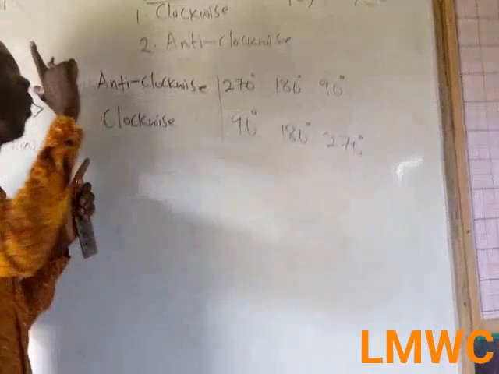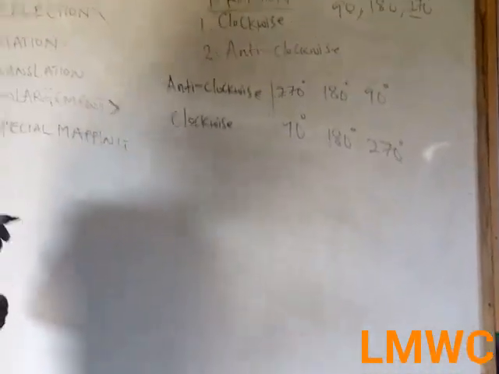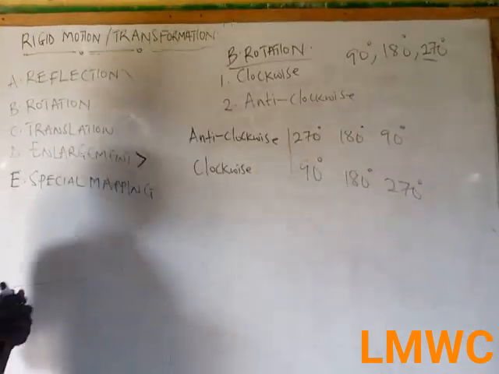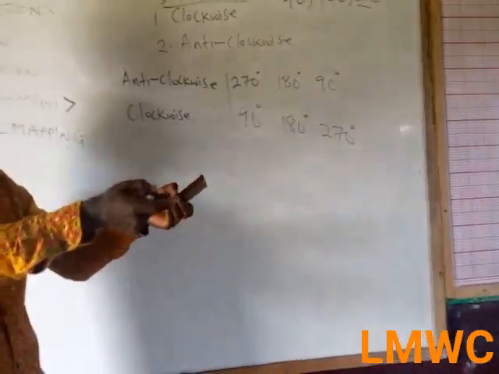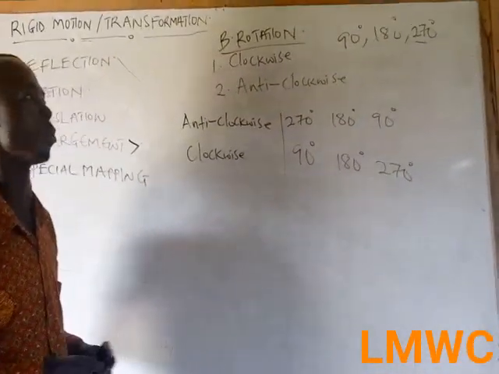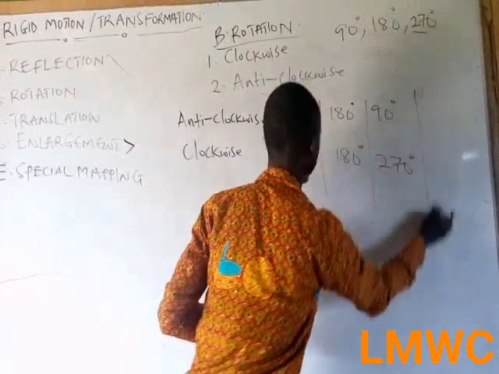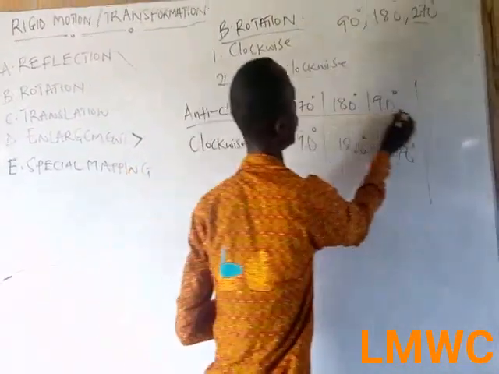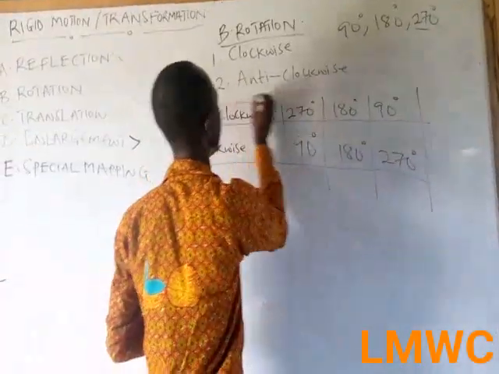There is no way they will ask you a point is rotated through 40 degrees clockwise. I don't know whether they are going to develop a method for that one too, but it's not possible. So now we know this. Anti starts from the highest to the lowest. Clockwise starts from the lowest to the highest.